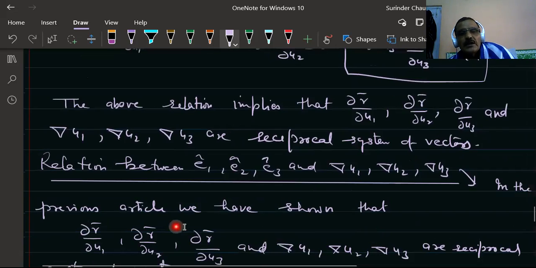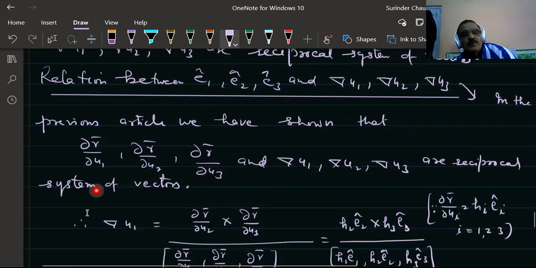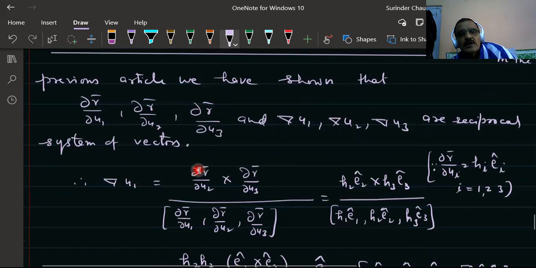In the previous article, we have shown that ∂r/∂u1, ∂r/∂u2, ∂r/∂u3 and del u1, del u2, del u3 are reciprocal system vectors. So del u1 is equal to ∂r/∂u2 cross ∂r/∂u3 divided by the scalar triple product of these vectors.